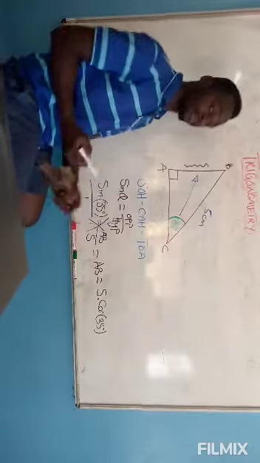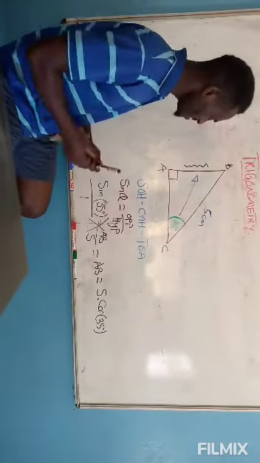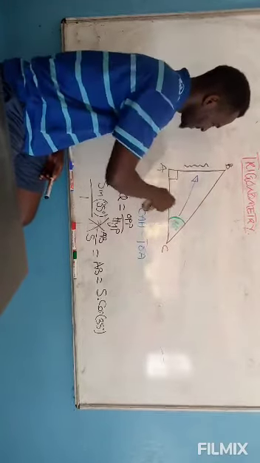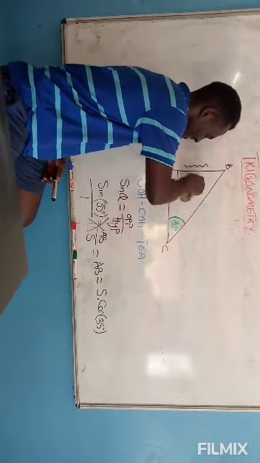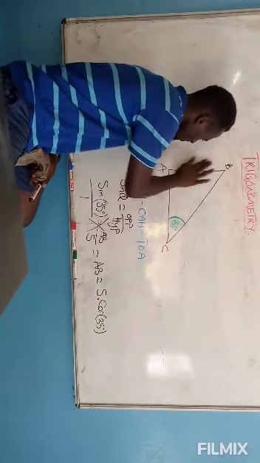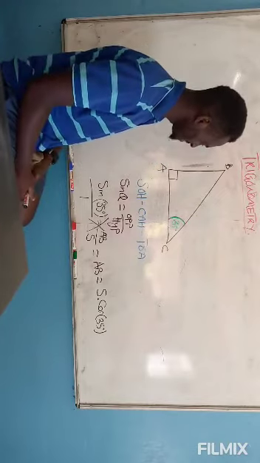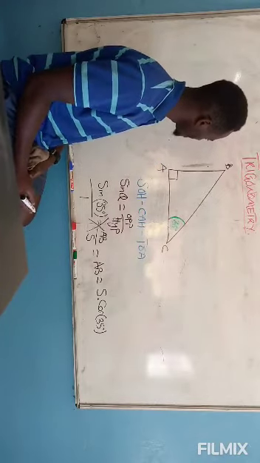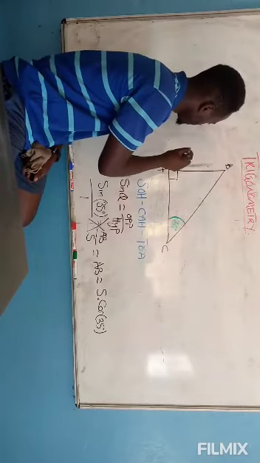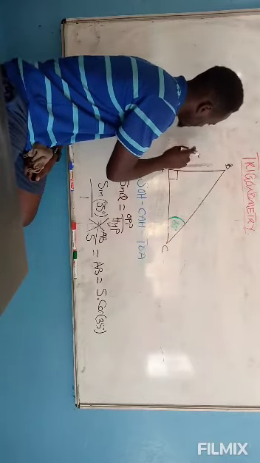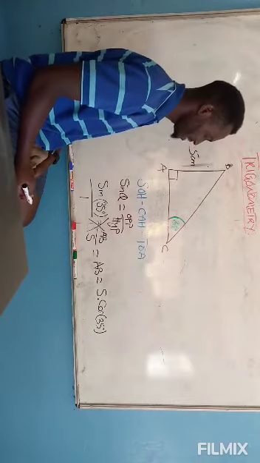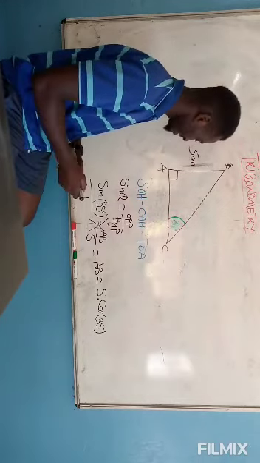Now, assuming that the hypotenuse has not been given, and we have been given, let's say, side AB as 5 centimeters, and the question is to calculate side AC.